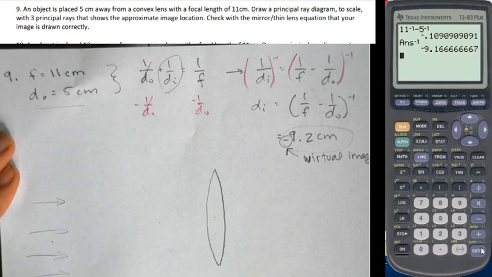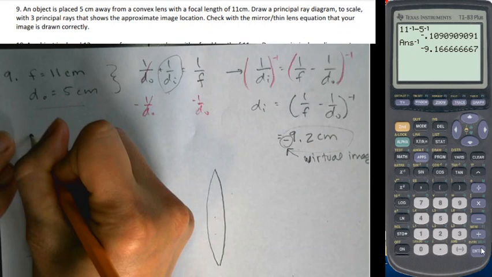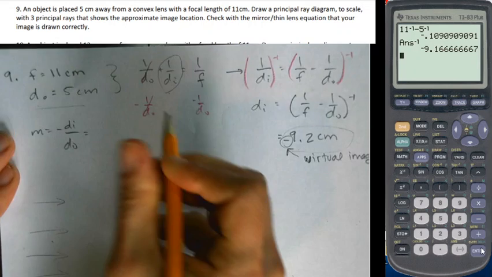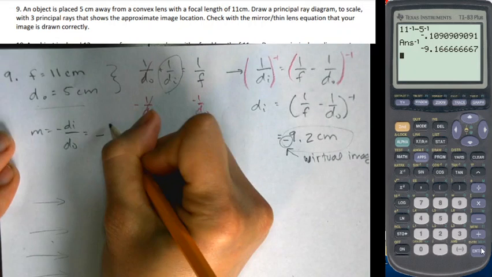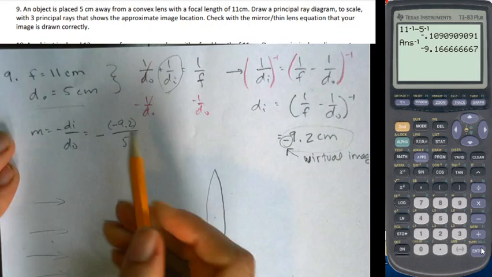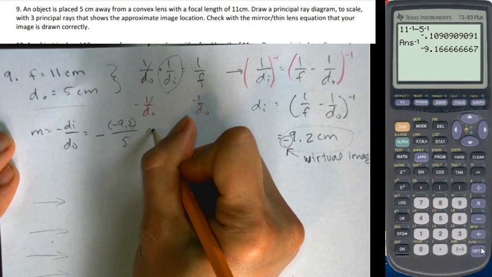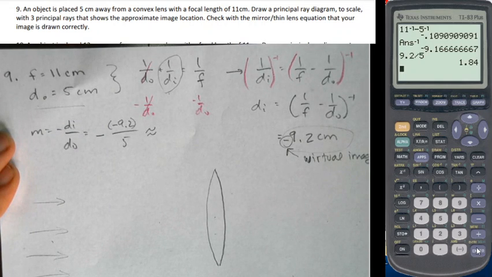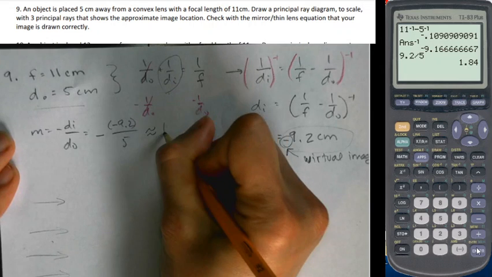It's also a good idea to check the magnification so that we know how big this should be. So I'll say that the magnification is negative di over dO. So that's negative of negative 9.2 over 5. The two negatives will cancel, and we'll calculate it. 9.2 divided by 5, it's going to be about 2, a little bit less, it's 1.8.